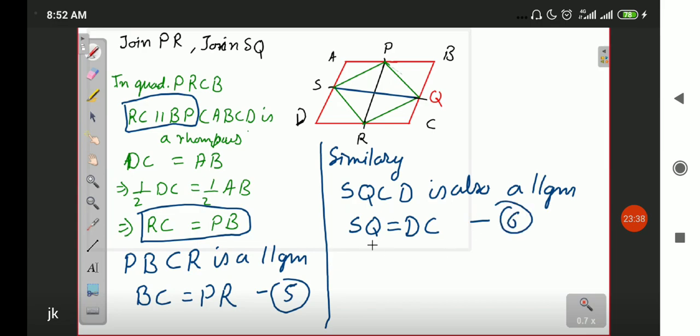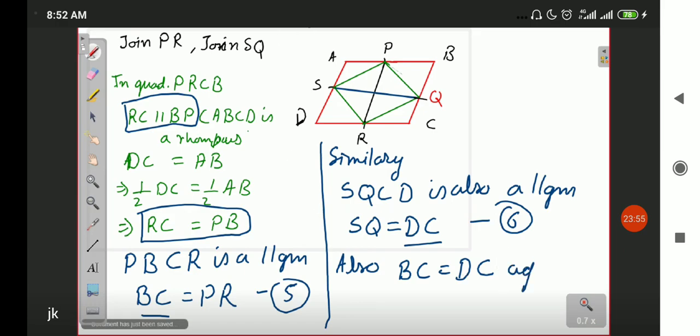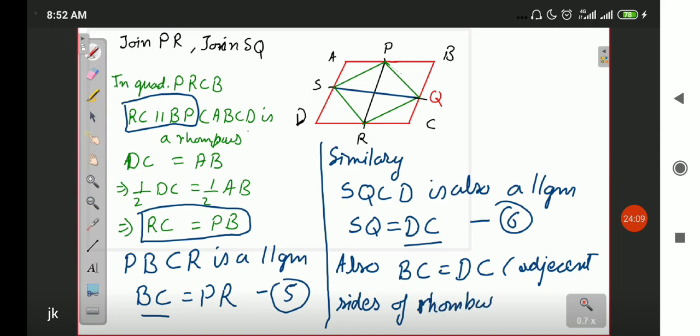One more thing we already know: this line BC and this line DC are also equal. BC is equal to DC. Why? Because adjacent sides of a rhombus are equal.